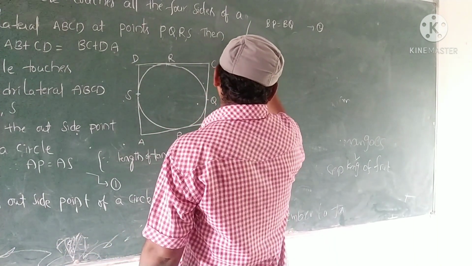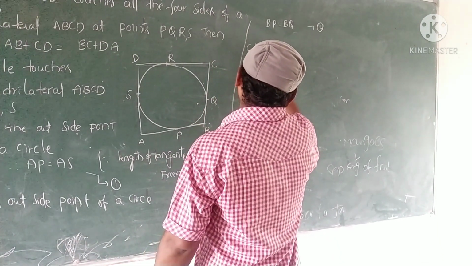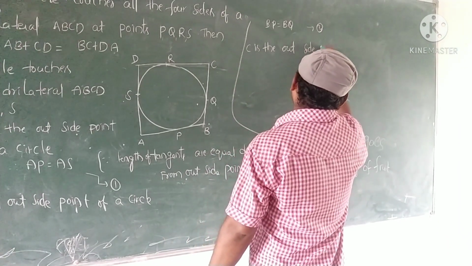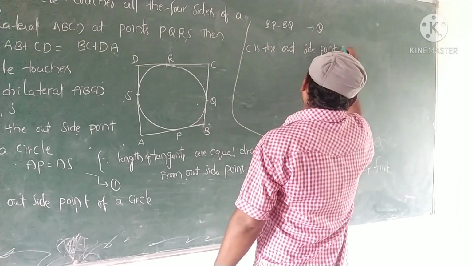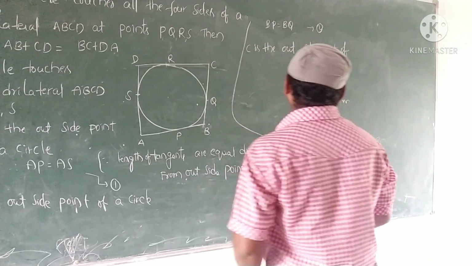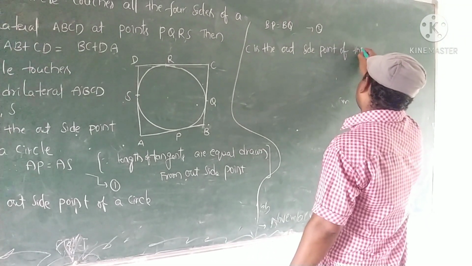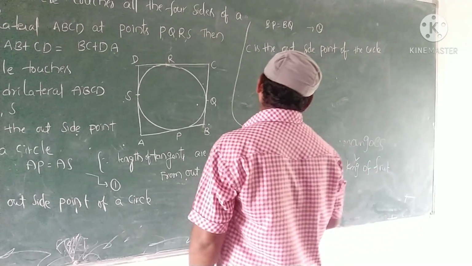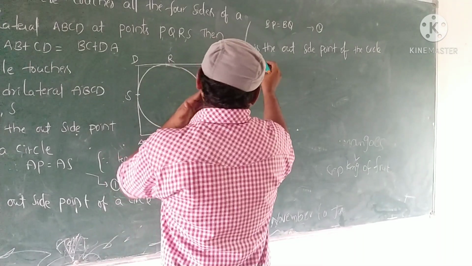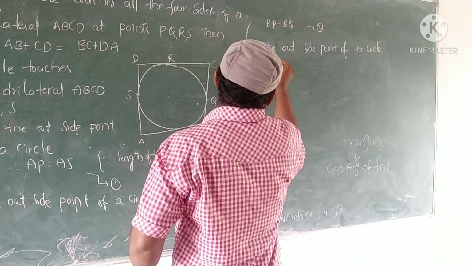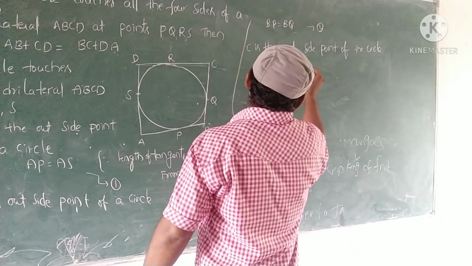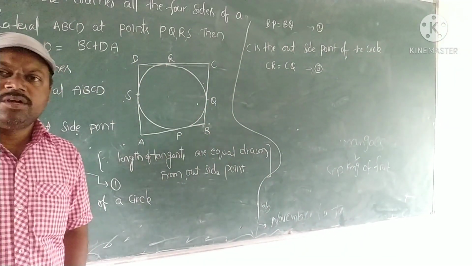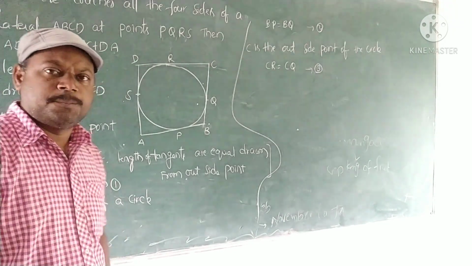Next, C is the outside point of the circle. Therefore CR equals CQ. This is the third equation.